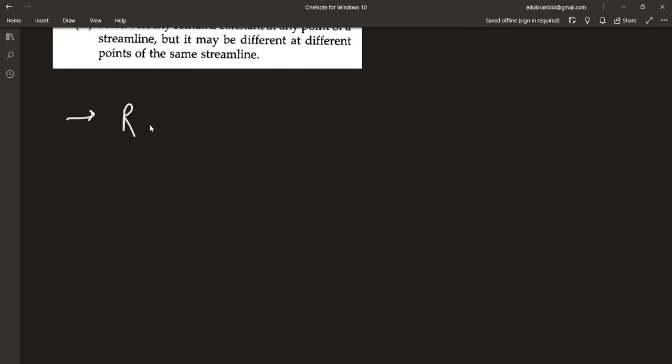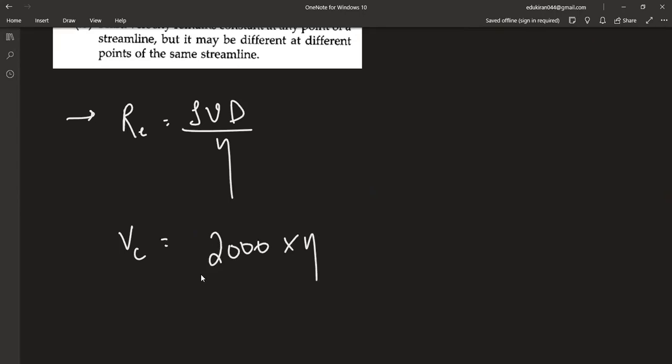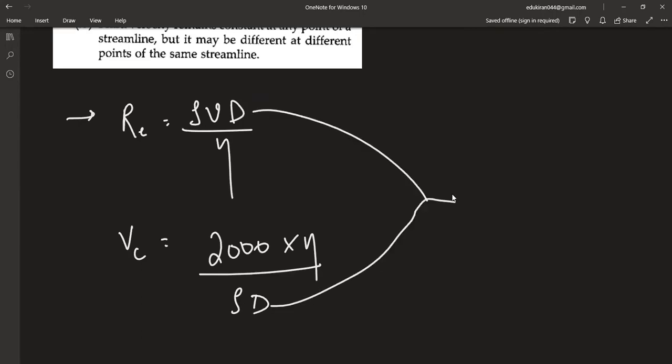So the Reynolds formula, you have Reynolds number. This is rho Vd by eta. We have seen this, and one was critical velocity, that was 2000 into coefficient of viscosity, that is eta, into rho by d. D is not the density here, D is the diameter.